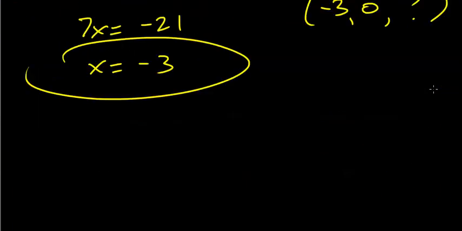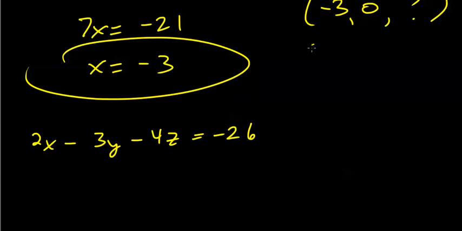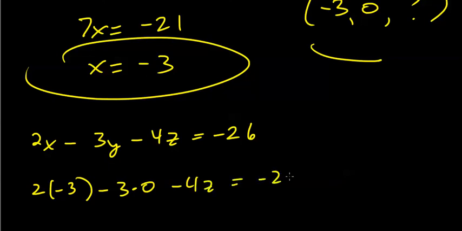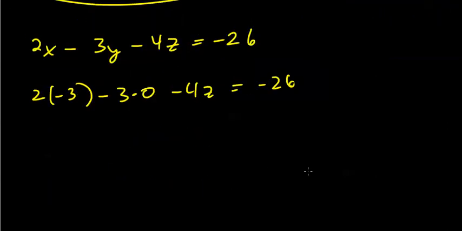Let me write that down there. Alright, when x is minus 3, y is 0. And I can use that information to solve for z.